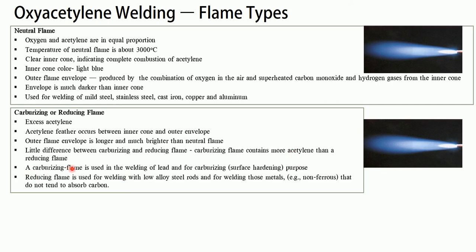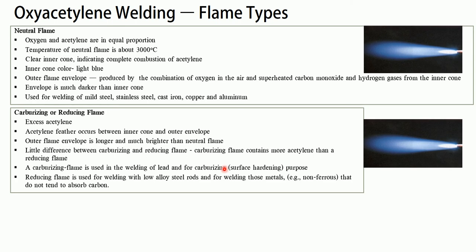A carburizing flame is used in the welding of lead and for carburizing purposes. Generally it is used for the welding of lead, and specially it is used for the carburizing process.